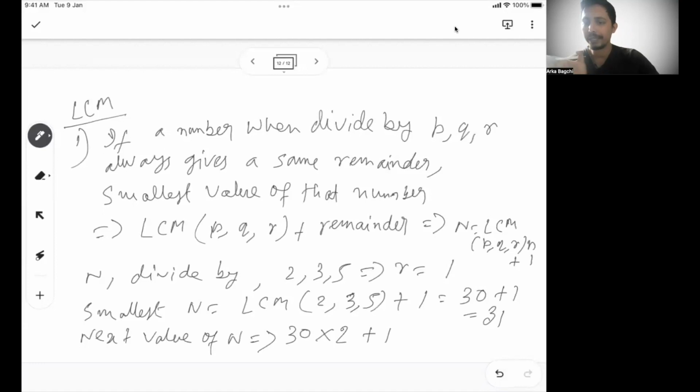The next number will be the LCM away. If you multiply the LCM with 2, you will get the second number. If you multiply LCM with 3, you will get the third number. But the idea here is you need to identify: when a number divides by a set of numbers and gives the same remainder, then the smallest possible value of that number is the LCM of those divisors plus the common remainder. Okay, so this is one formula.